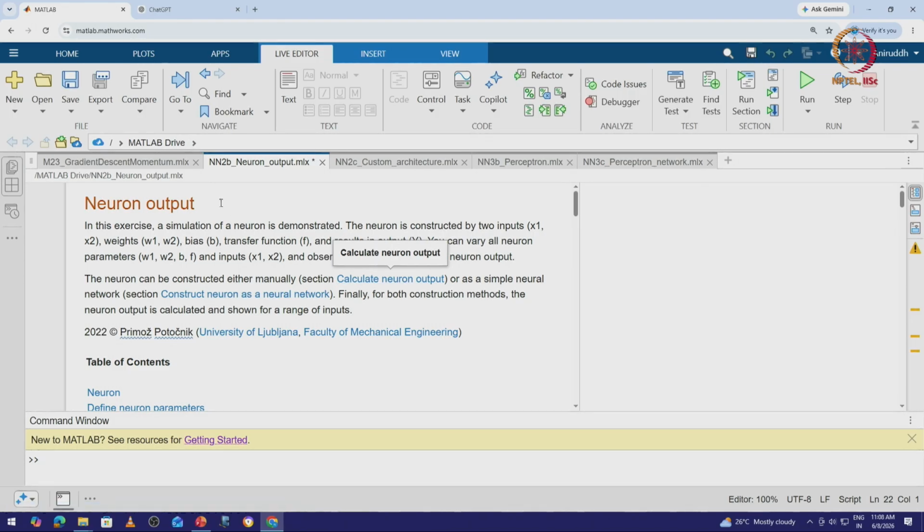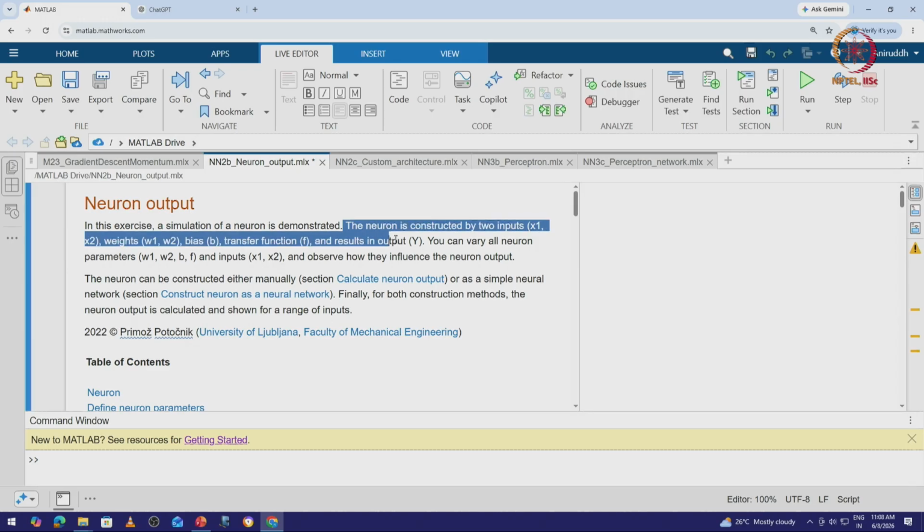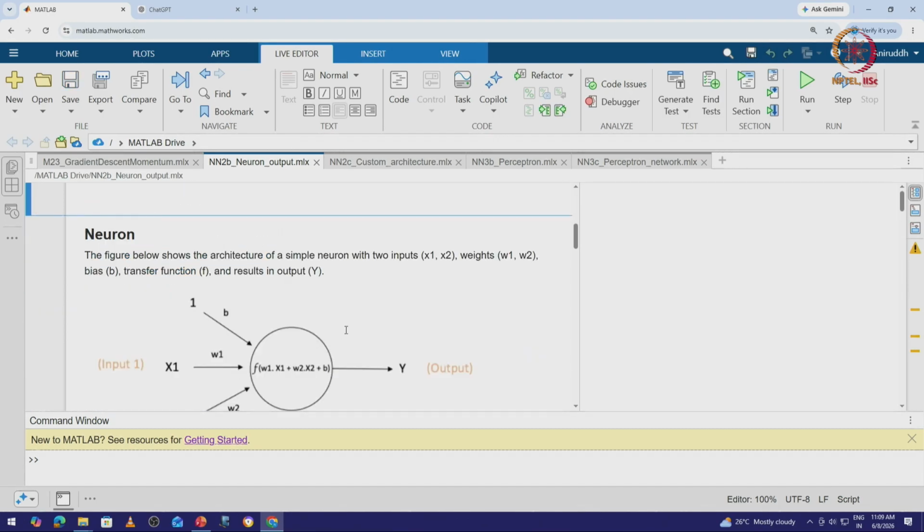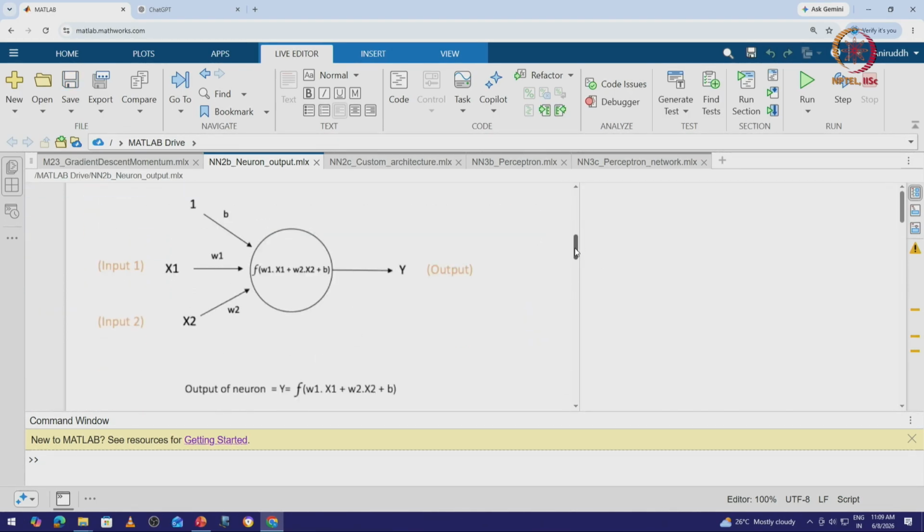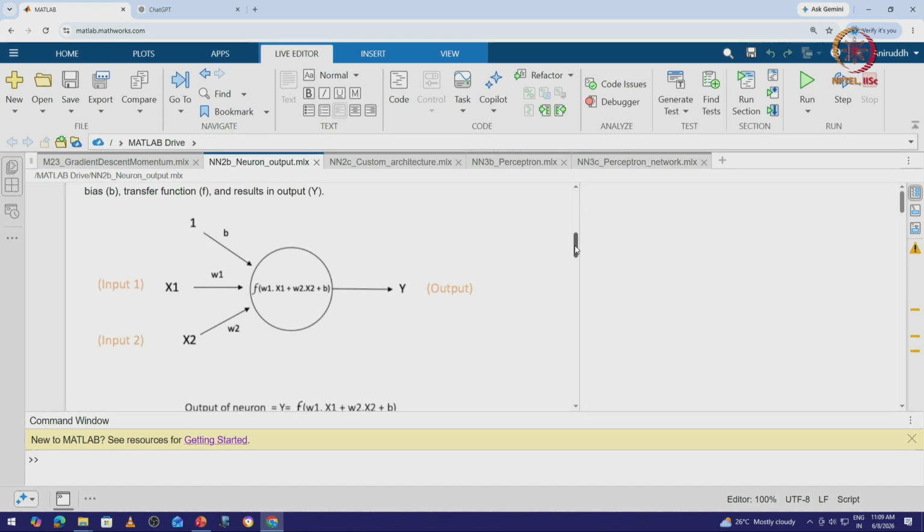So let us start with a simple neuron model. We have a neuron which has 2 inputs, x1, x2, their corresponding weights, biases, and then the output. Now this is essentially the representation of a single neuron. So we have inputs 1, 2, also highlighted by x1, x2, their corresponding weights w1, w2, and the bias weight.